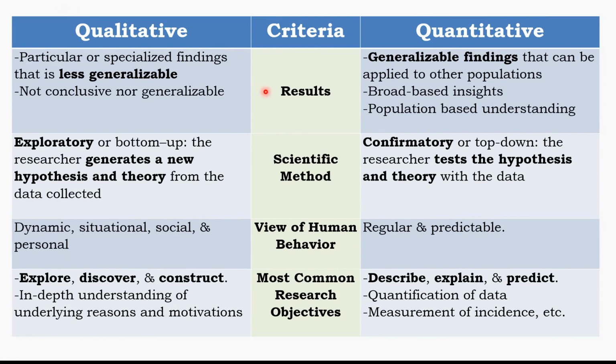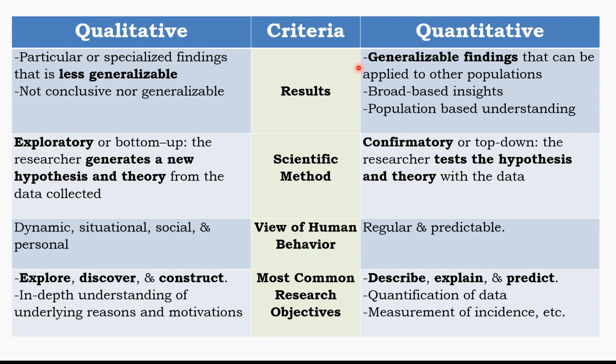What about if we look at the results of both researches? Qualitative has particular or specialized findings that are less generalizable, not conclusive, which means to say that the result that you obtain from a particular group may not be applicable to another group, which is contrary to quantitative research.